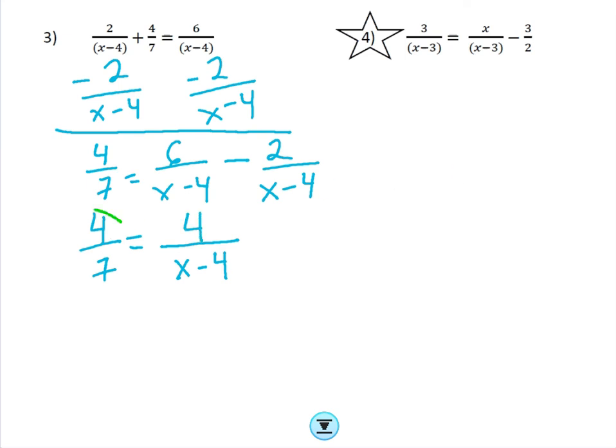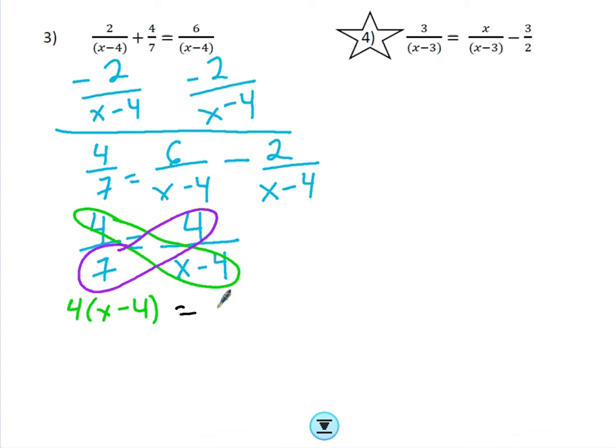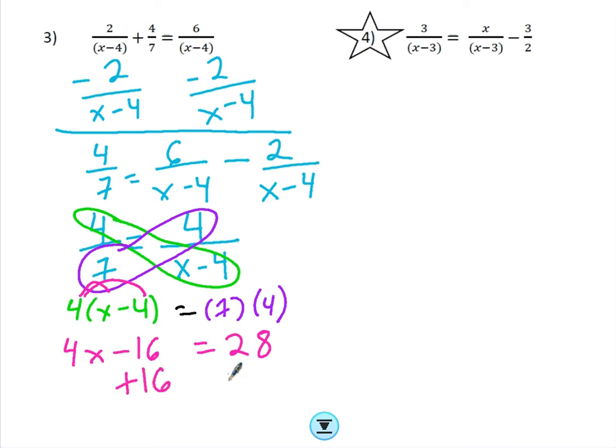And then we will cross multiply. 4 times x minus 4 equals 7 times 4. So we distribute, we get 4x minus 16 equals 28. And then we need to get all the x's on one side, numbers on the other, so we will add 16 to each side here.